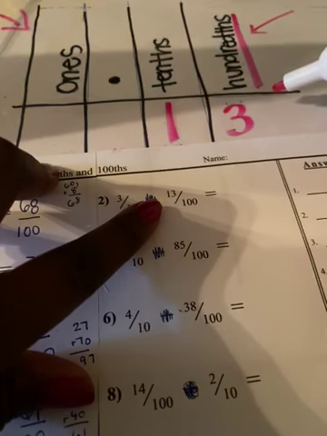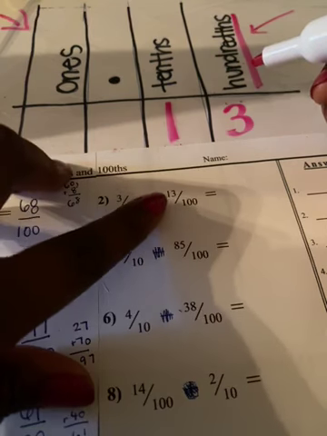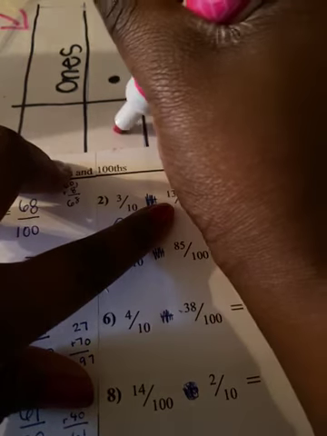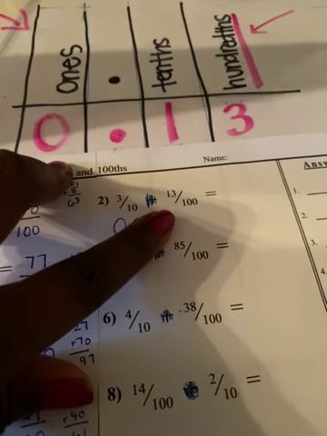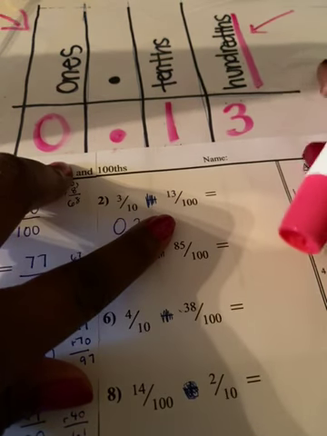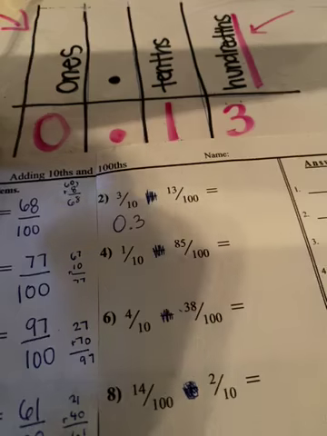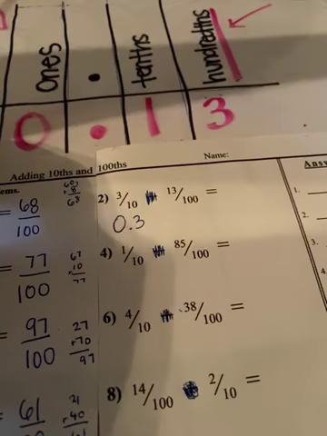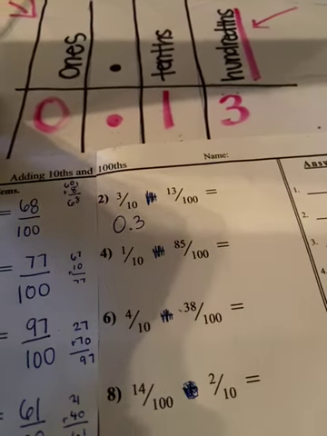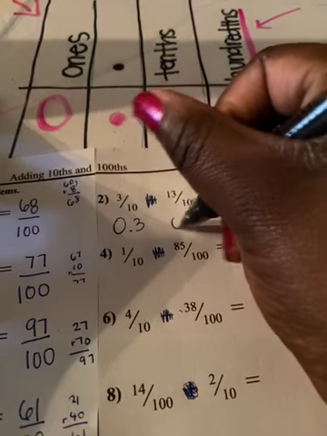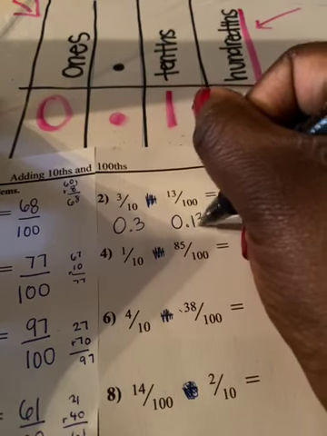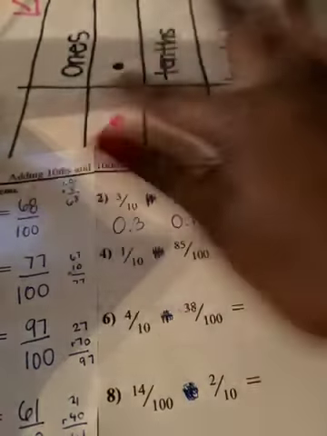So there's my 13, and to make it into something that is less than a whole, I'm going to put my decimal here and my 0 because there are no wholes. So now we are looking at exactly what 13/100 would look like if it were written as a decimal. So 0.13. Well, let's try a few more.